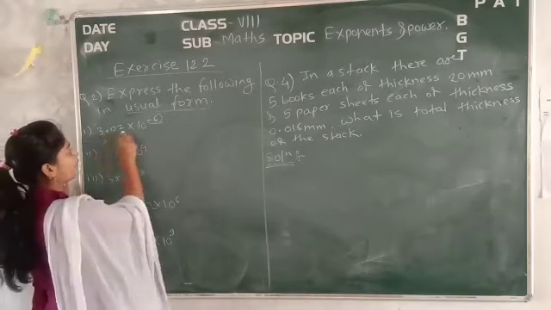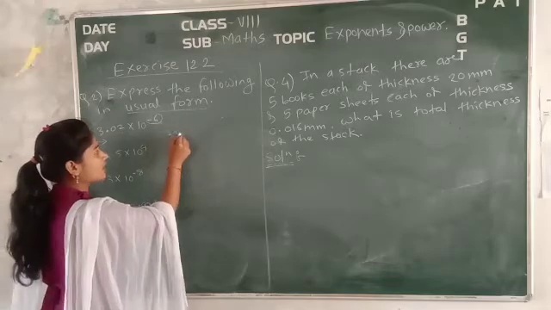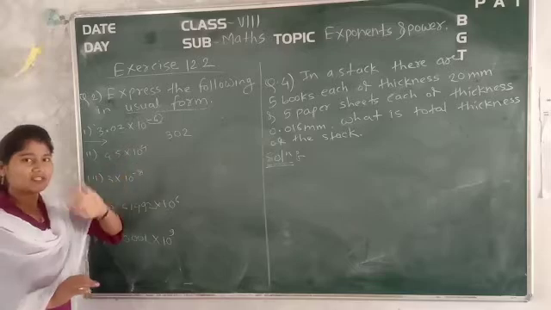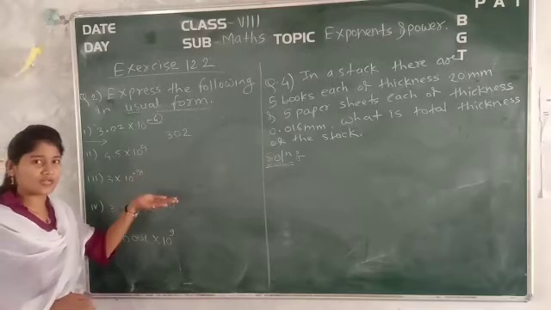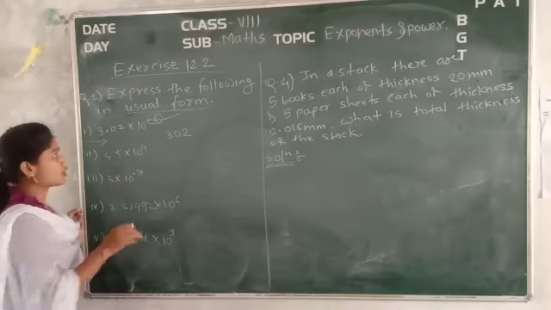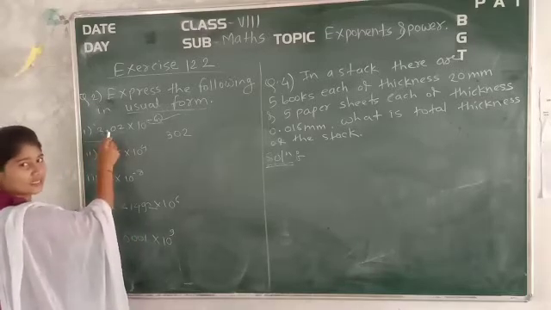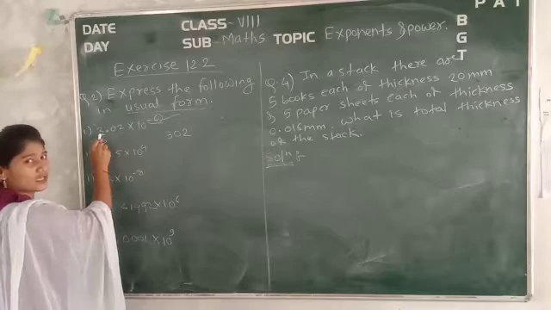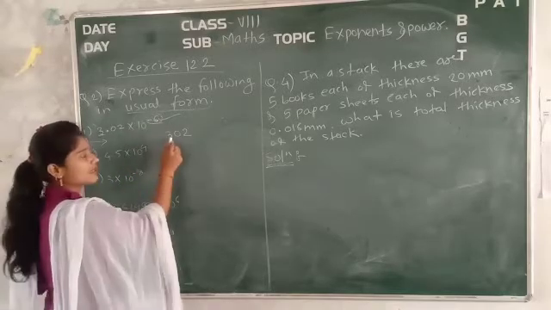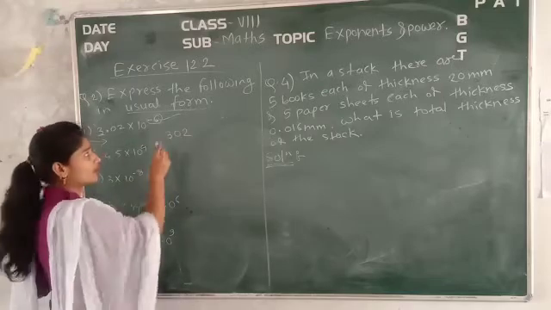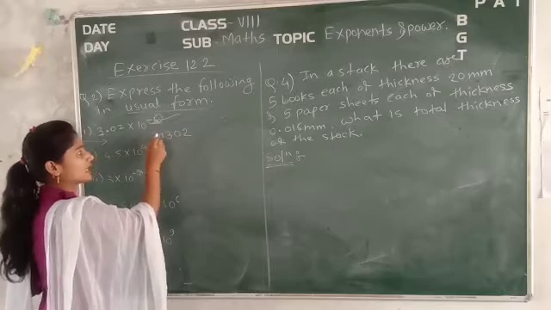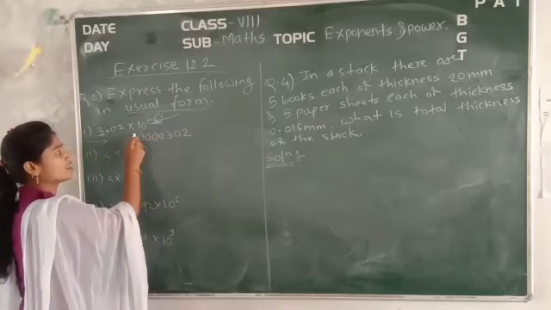So first of all, the same procedure: write down the given number, 302, and just remove the decimal point because we have to move it. Up to how many digits do we have to move? Up to 6 digits. The point was here, after 3, so by counting this 3 as 1, we have to move 6 decimal places. The remaining 5 we have to count: 1, 2, 3, 4, 5, 6.